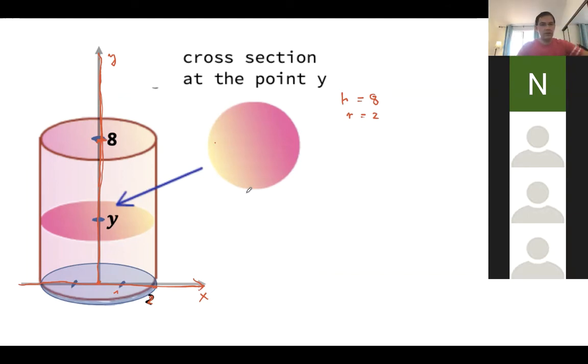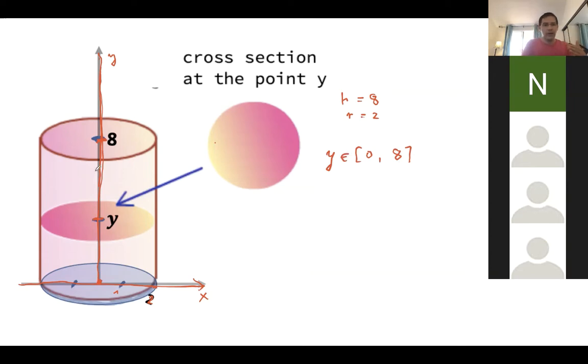So my cross sections will be orthogonal to the y-axis. Okay, so let's pick any point y that is between 0 and 8. Let's say, for example, this is my point y. It's any point between 0 and 8. And now I will be looking at the cross-section that corresponds to this given point y.